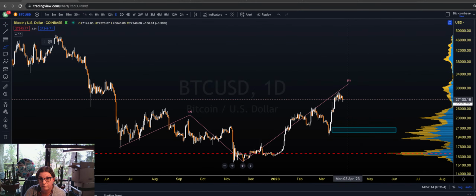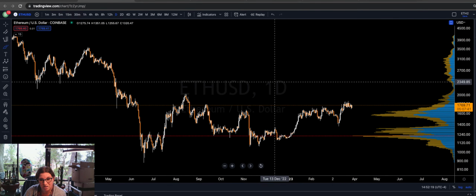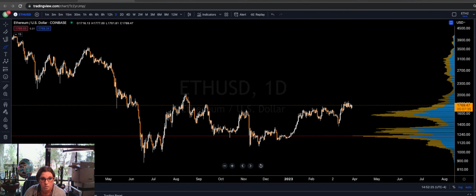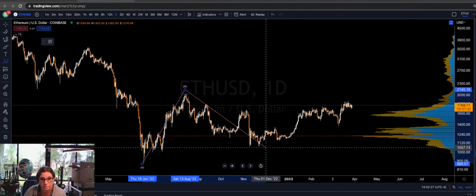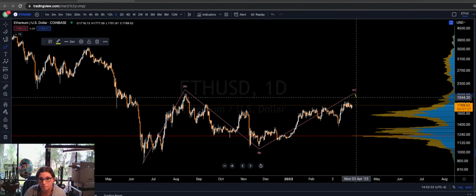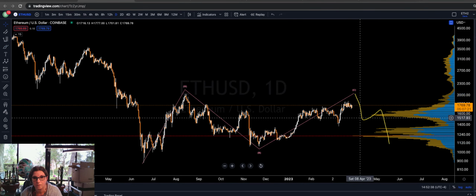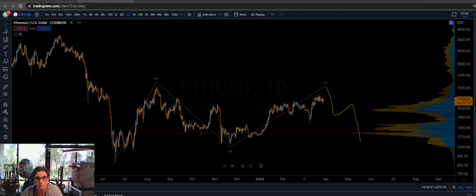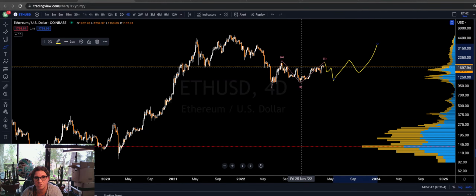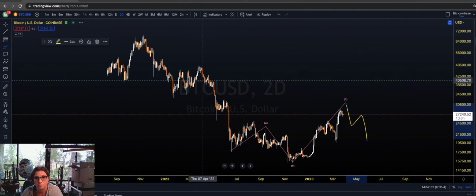It can put in that connector, and ETH is suggesting that based on the way this looks. Where this is A, B, C, maybe it's not done. Then it puts in a connector here, and then we get a partner to the upside for this one. And Bitcoin would be able to do the same exact thing.